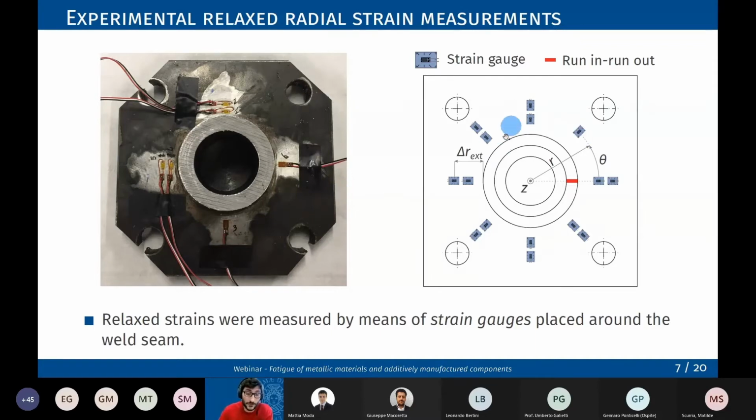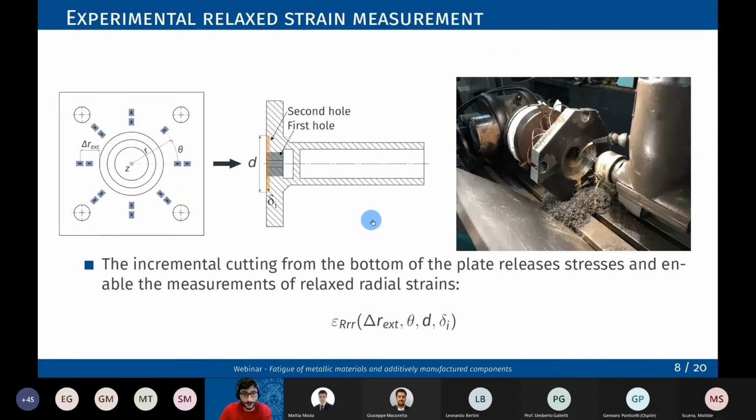And we placed strain gauges at different radial and angular coordinates. Of course, we placed the strain gauges after the welding process. So we needed to relieve stresses, and we did this by incrementally drilling the back of the plate.